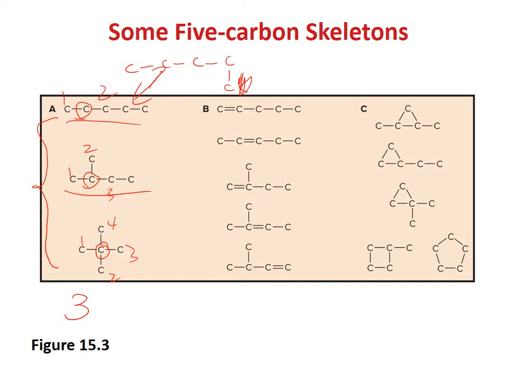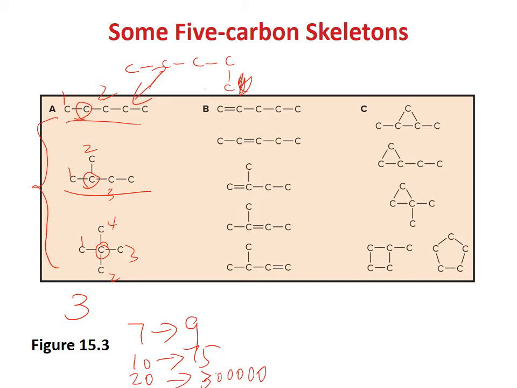When we have 7 carbons, we will have 9 different arrangements. When we have 10 carbons, we'll have 75 different arrangements. And when we have 20 carbons, this will go to 300,000 ways to arrange the carbon atoms.